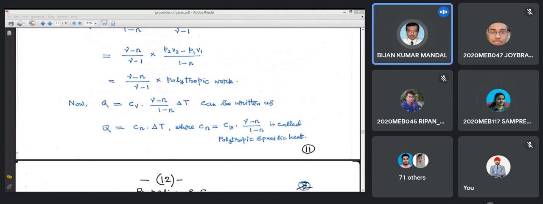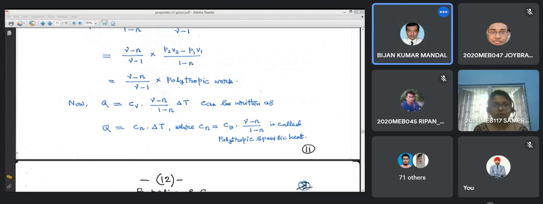Who else? One more is there. You put your camera on and introduce yourself. Am I visible? Yes, you are visible. I am Shampriti Majumdar from North Dinajpur, West Bengal, and I have come from the Metallurgy and Materials Engineering Department. Which is your higher secondary school? I did my schooling from Raiganj Coronation High School.